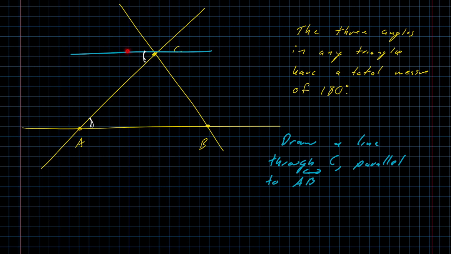I can also look at those same 2 parallel lines cut by this transversal and realize that those 2 angles have the same measure. They are also alternate interior angles.